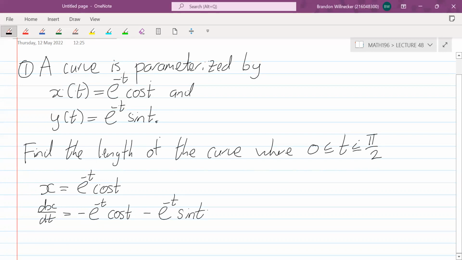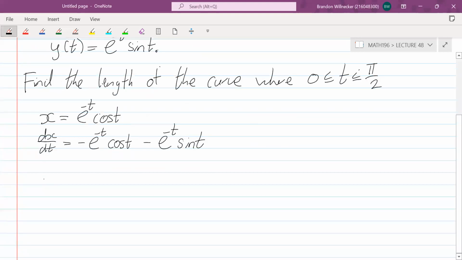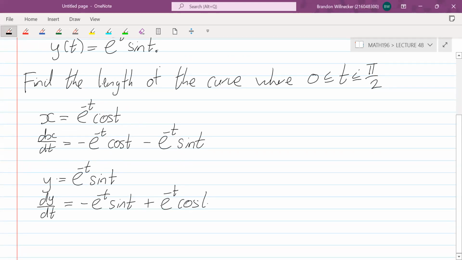I've just used the product rule there. What about y? y is given by e to the minus t sin t, so dy by dt will be minus e to the minus t sin t plus e to the minus t cos t. So we've got our two derivatives.